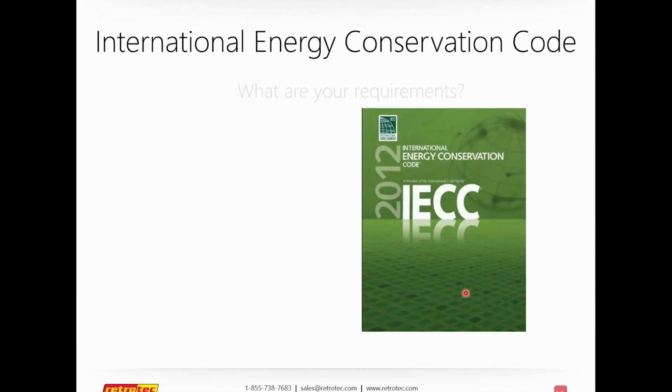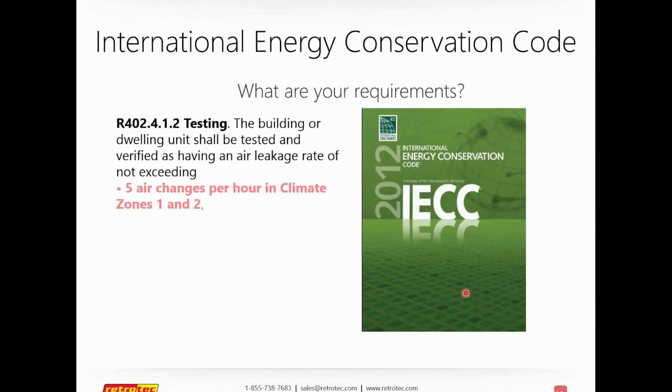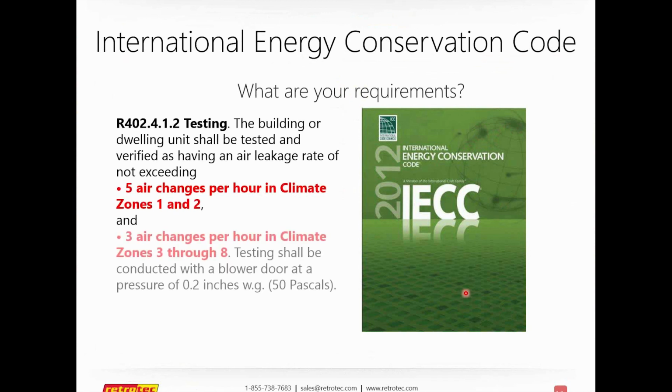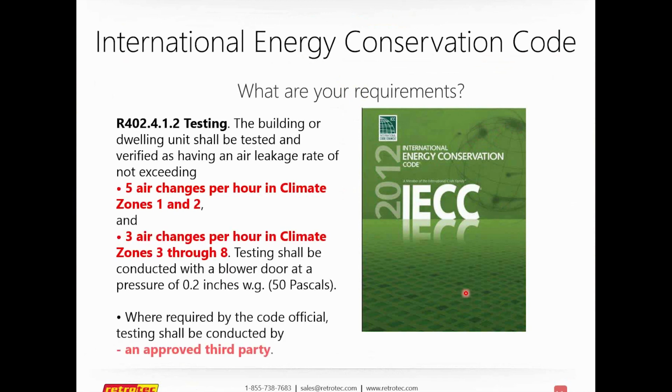I want to get into a little bit of detail here about the IECC. There are a lot of different codes and a lot of different programmatic specifications, but this one is the hottest topic, and judging from what you've told me about yourselves so far, I picked the right slide.